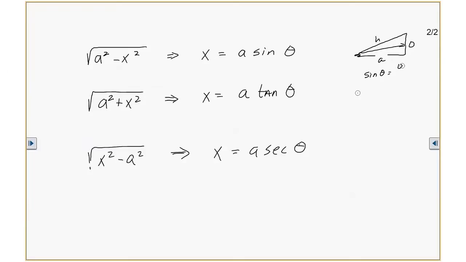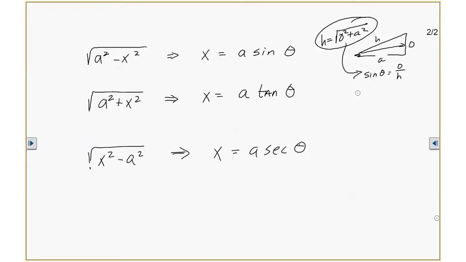Opposite over hypotenuse. And the hypotenuse and the opposite is equal to the other side minus, and you take the square root, and it goes back to h is equal to the square root of o squared plus a squared. You incorporate that into this, and you get this.